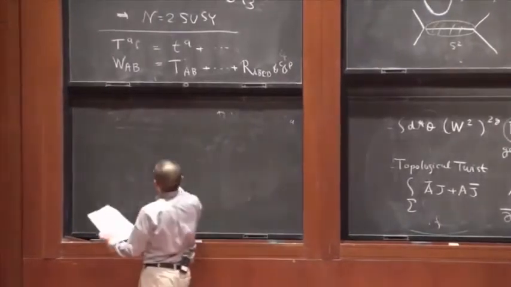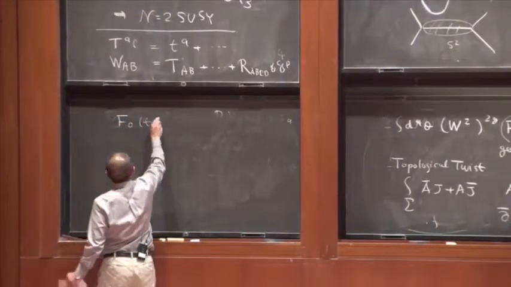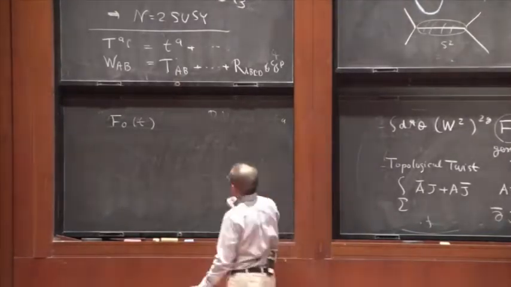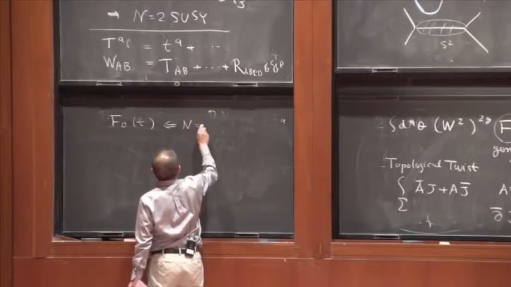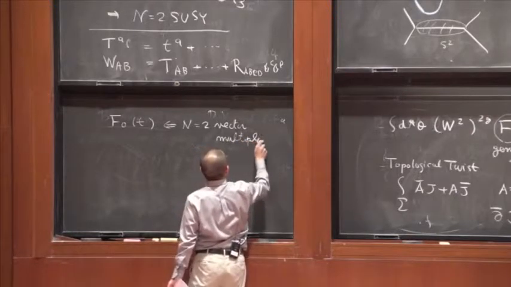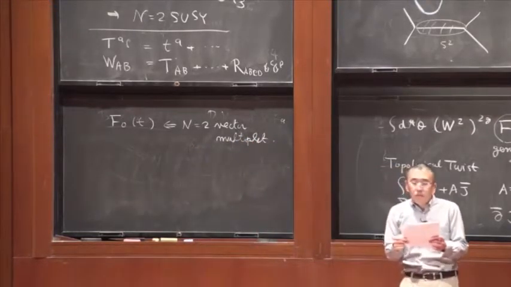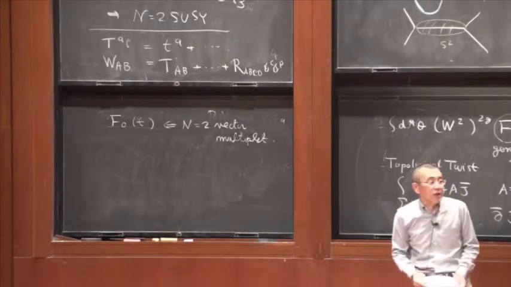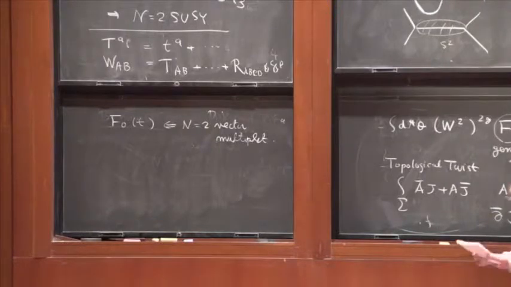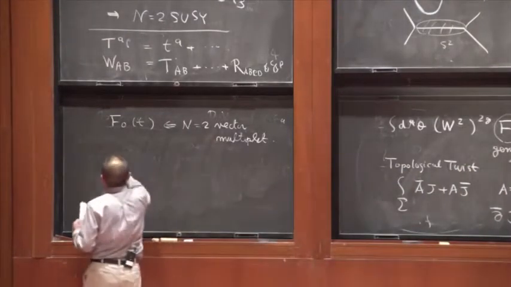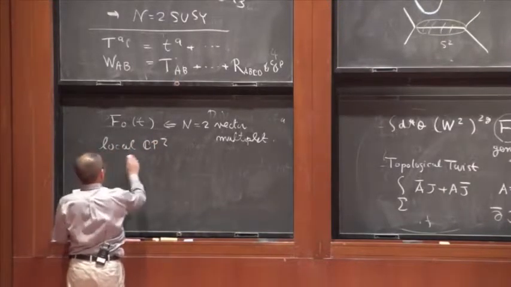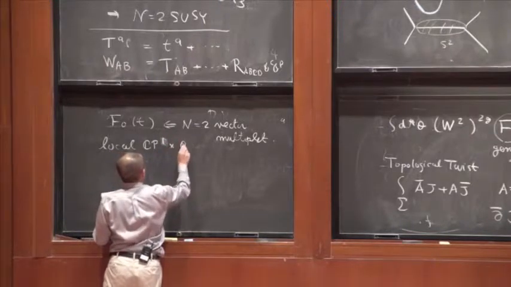So for example, F0 of T in particular is the prepotential for the N equals 2 vector multiplet. So that means that actually you can use this procedure to solve some low energy dynamics of N equals 2 supersymmetric gauge theories. So for example, let's take our friend local CP1 times CP1.